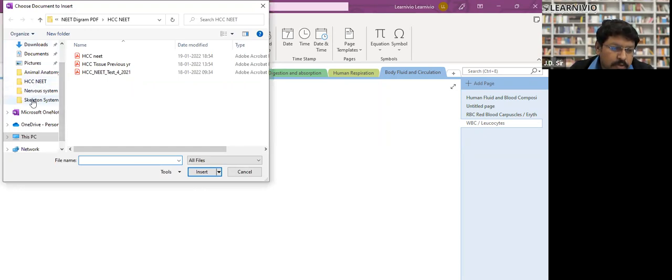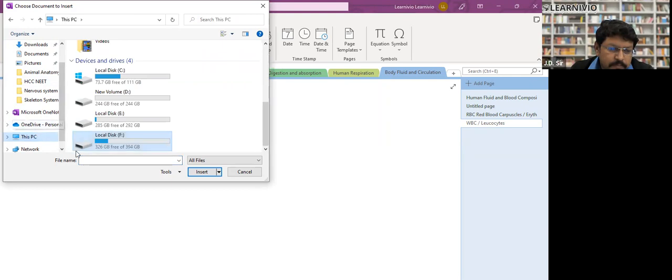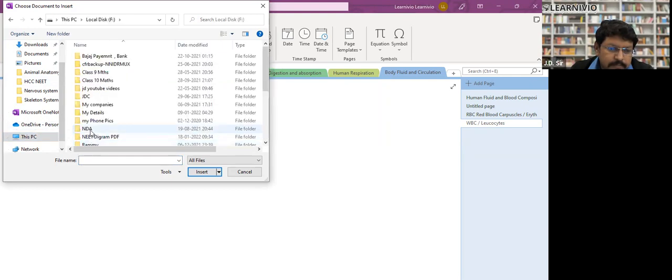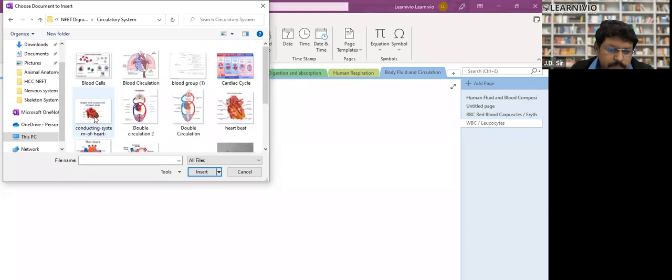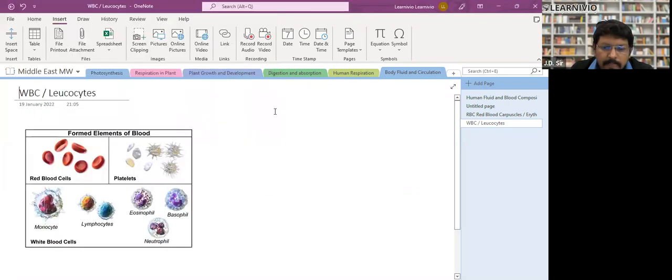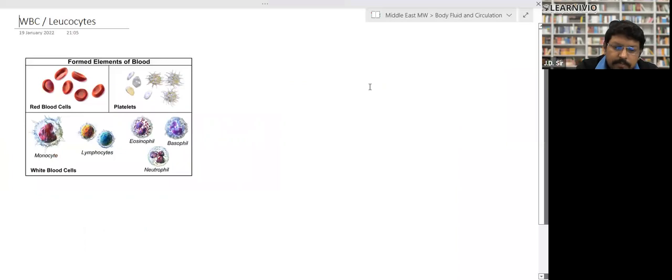Circulatory system. Look. Here we can see all three types of cells, the shape of all three types of cells.